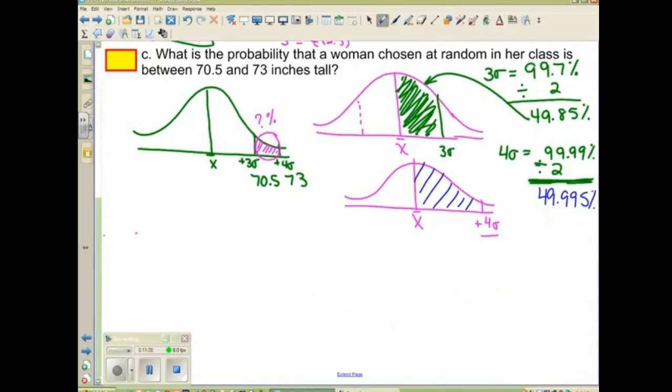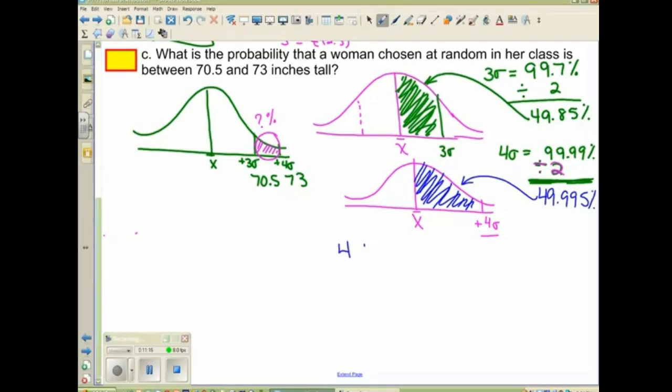And I showed that 4 standard deviations was 99.99%. I'm going to divide that by 2 so that I can talk about just the upper half of this region, and that is 49.995.